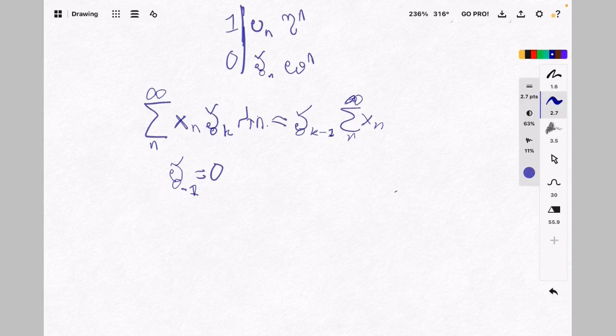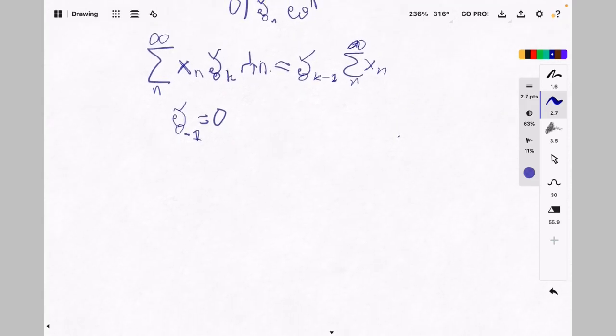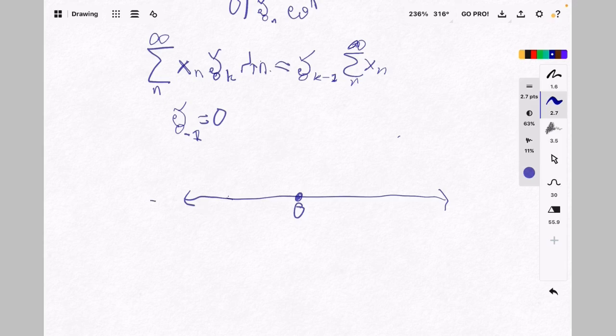And the way we can visualize this is by seeing this as an object smaller than 0, in a sense. So if we do the regular number line, let me do that, and I'm going to do 0, negative infinity, positive infinity, and so on. And I'm going to do 1 for no reason at all, and -1, just to make it look complete.